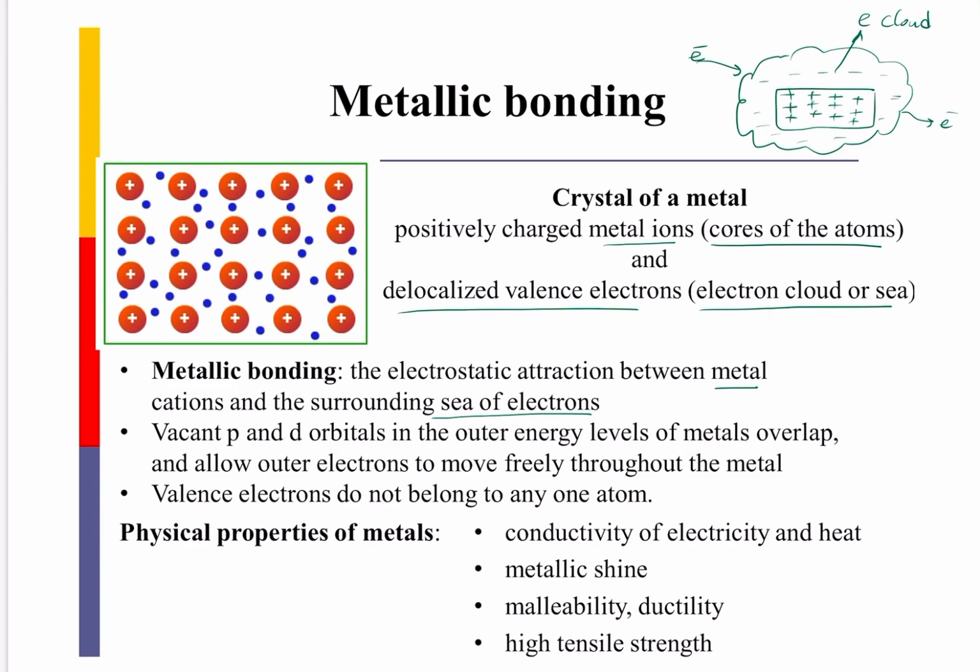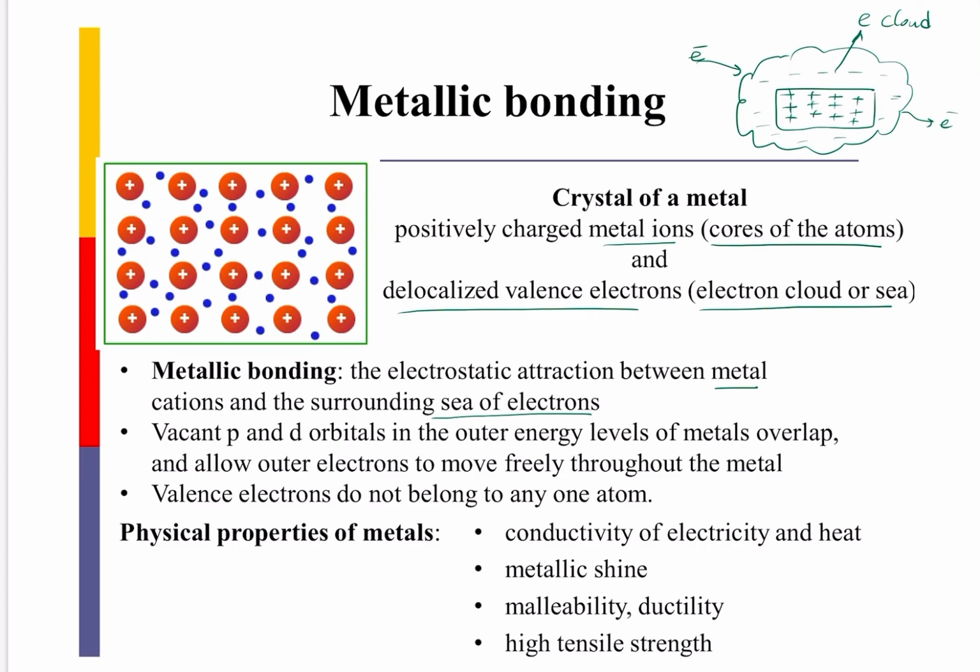Physical properties of metals: we have several properties, like silver color, and conductivity for electricity and heat. The melting point and boiling point are usually high, but some, like mercury, are low. Some are hard, like iron, and some are very soft, like alkali metals such as sodium, lithium, potassium.